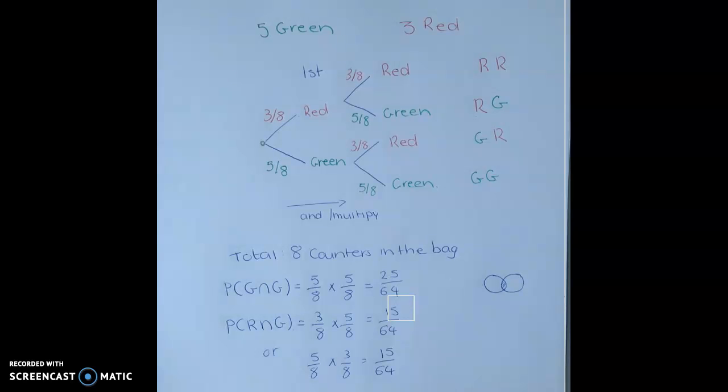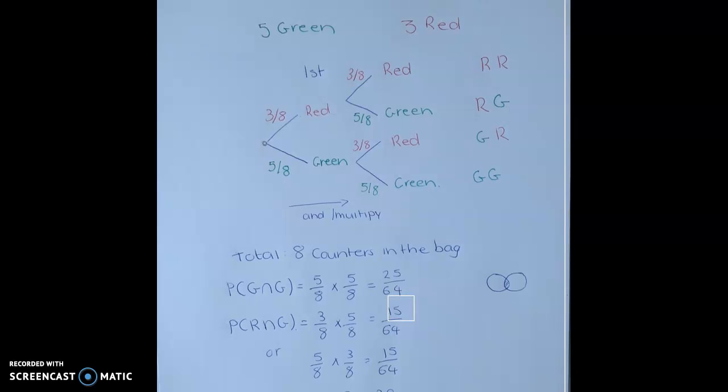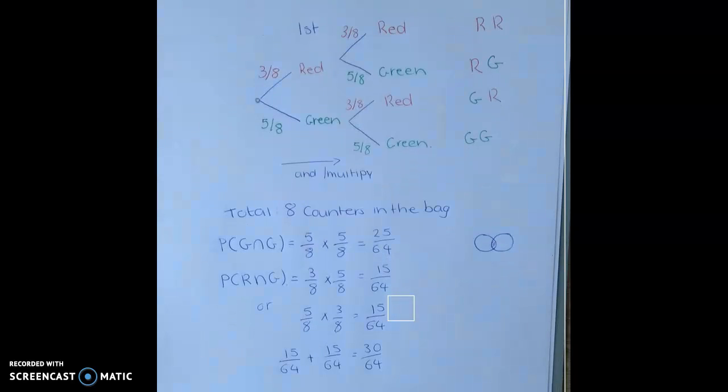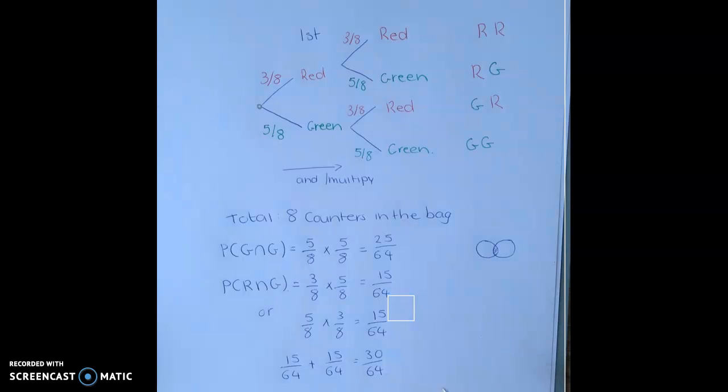So it'd be 15/64 plus 15/64, which would equal 30/64. And you could simplify that down further. So that would become 15/32. So we could divide both by 2, and that wouldn't simplify any further.